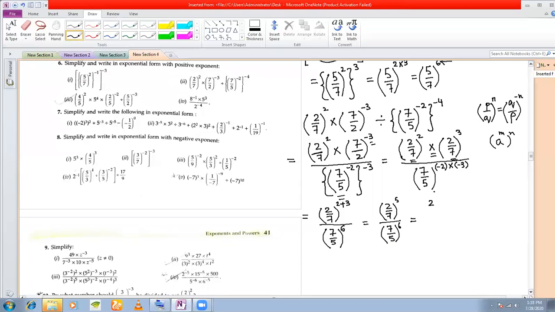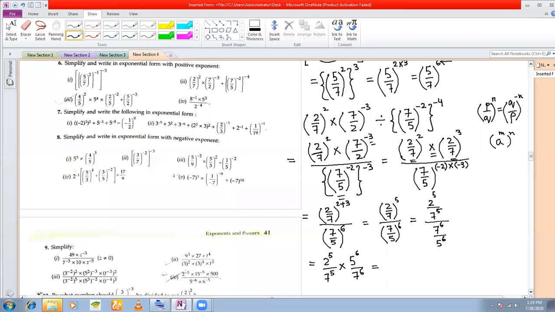E to the a by b whole to the power of m can be written as e to the power of m by b to the power of m, divided by 7 to the power of 6 by 5 to the power of 6. Now this can further be written as 2 to the power of 5 divided by 7 to the power of 5 into 5 to the power of 6 by 7 to the power of 6.